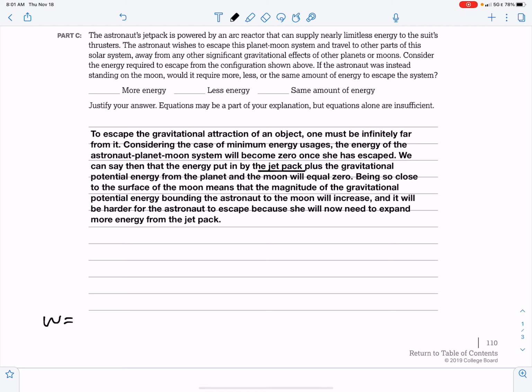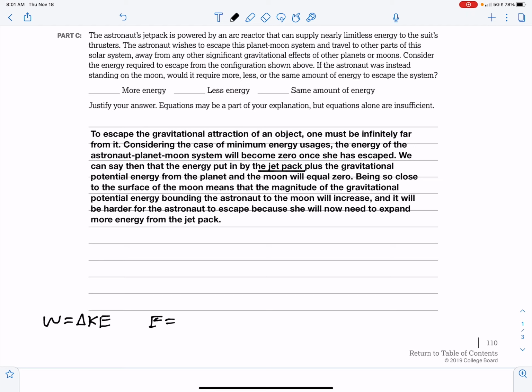Work, which translates into the change in kinetic energy done by the jetpack, plus the gravitational potential energy of the moon-planet system, will equal zero.